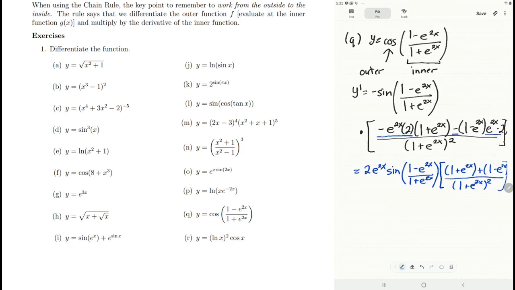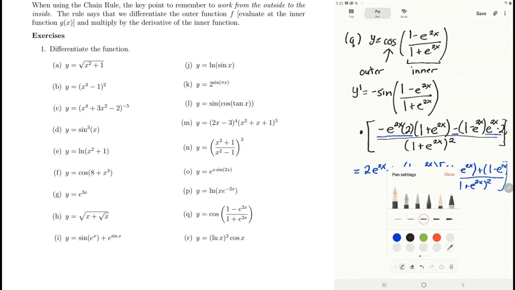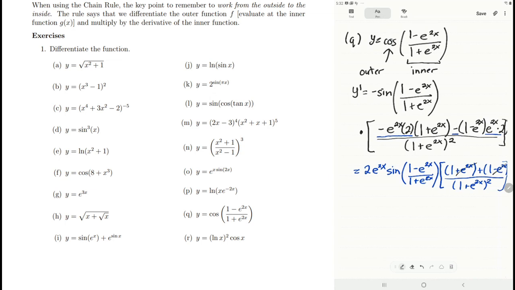And we can simplify in the brackets. So we have e to the 2x minus e to the 2x, which can cancel. And so we're left with the 2 in the numerator. And we can multiply that 2 in front, giving us 4 e to the 2x times the sine of 1 minus e to the 2x all over 1 plus e to the 2x.